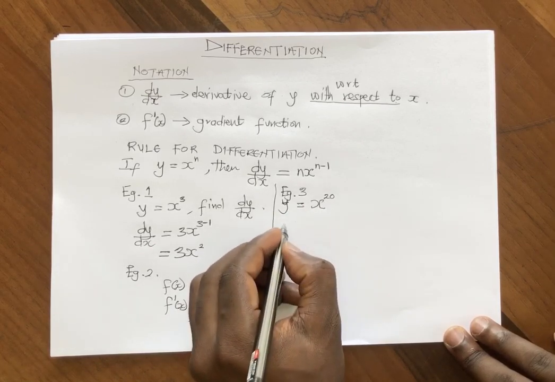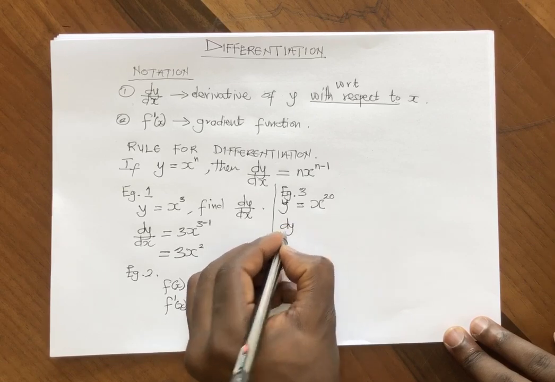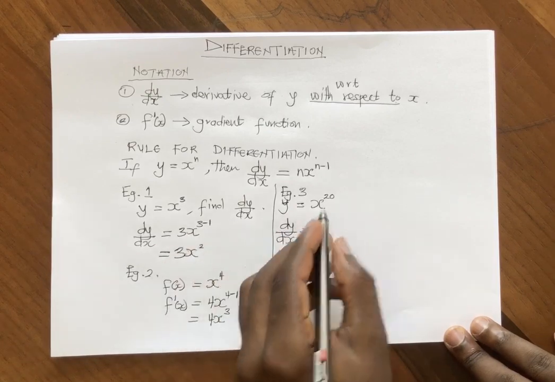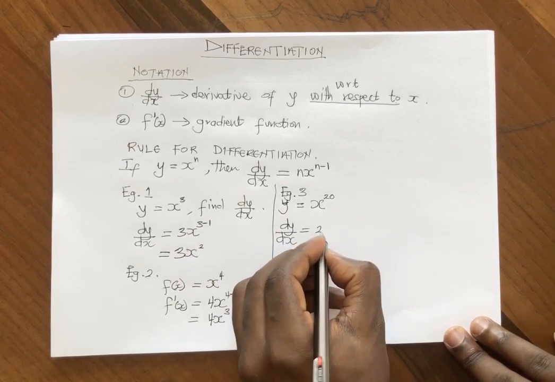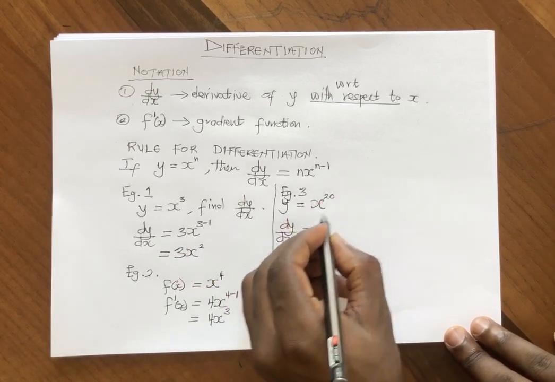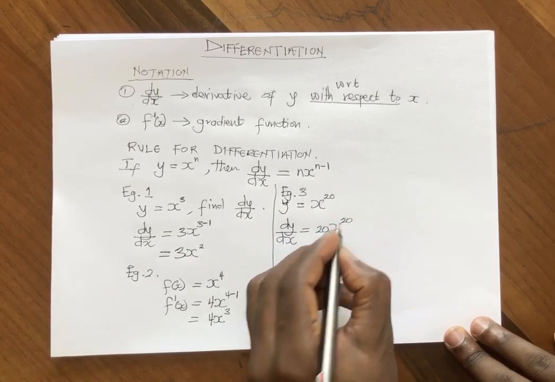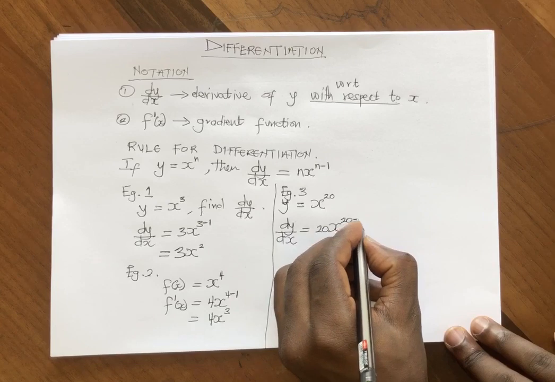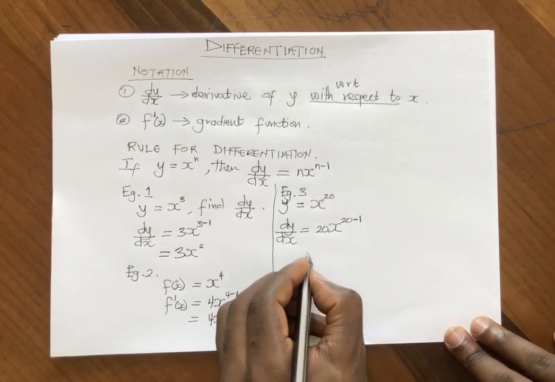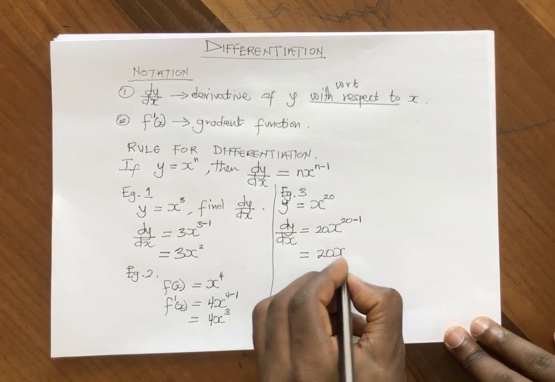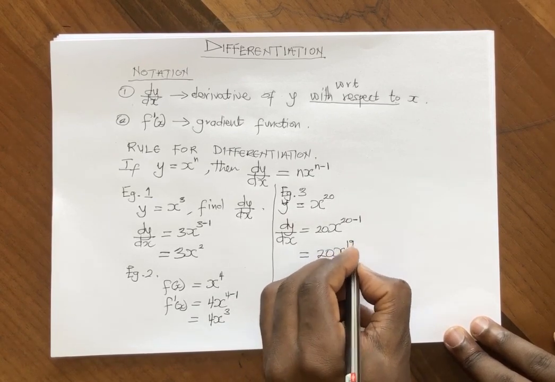So differentiating this will give us dy dx is equal to, bring the 20 down, 20, then write the entire function, which is x raised to the power 20, then subtract 1 from the power. So simplifying, you will get 20x raised to the power 19.